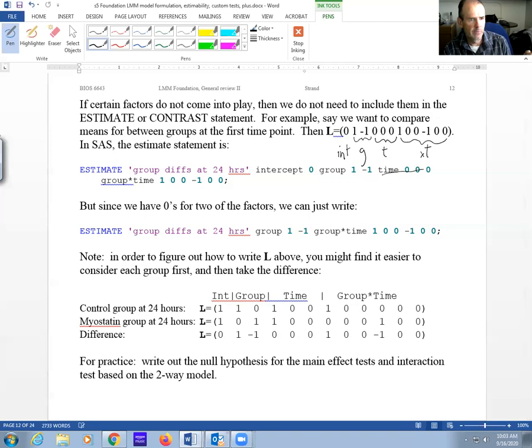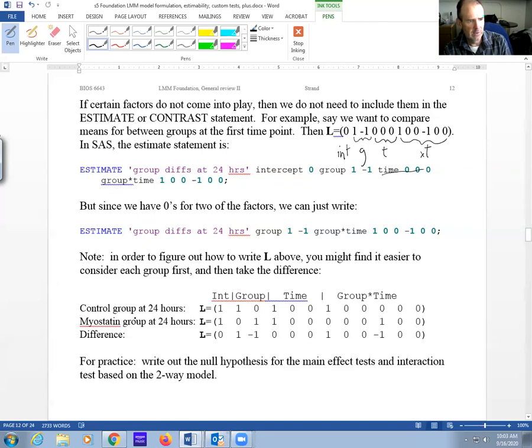So for this estimate statement, we're comparing the 2 groups at the first time point, and we only need to be concerned about the group factor and the group by time factor. A lot of times when you write estimate statements, it's easier to figure out what the coefficients need to be when you actually work out what you're subtracting from each other.